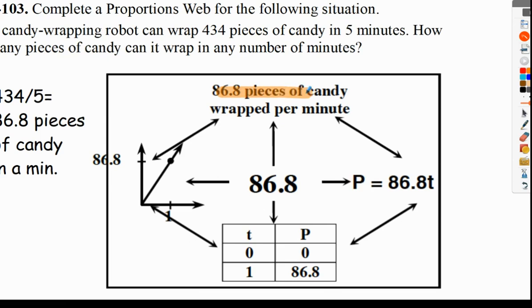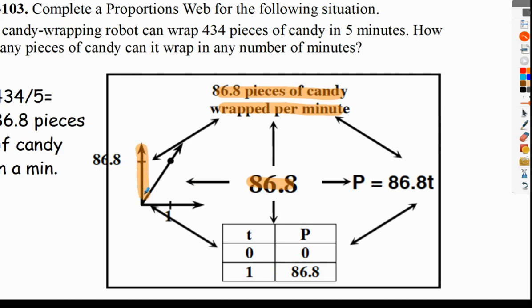This is our 86.8 pieces of candy wrapped per minute, our constant of proportionality. We'd make a basic T chart. They made theirs very basic. 0 minutes would be 0 pieces of candy. 1 minute would be 86.8 pieces of candy. You could do additional values, including 5 minutes would be 434 pieces of candy.